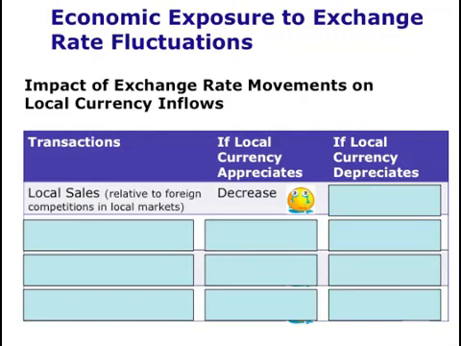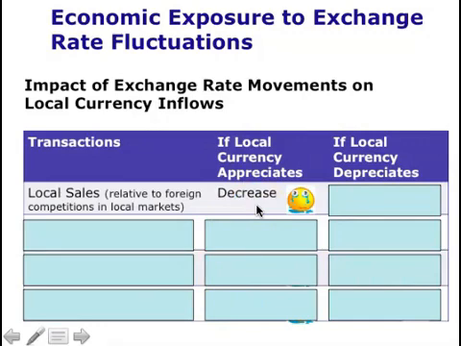Because the firm will face increased foreign competition, because foreign products become cheaper compared to the local product. So local customers will be able to obtain foreign substitute products cheaply with their strengthened currency. This affects local sales because local products are more expensive.